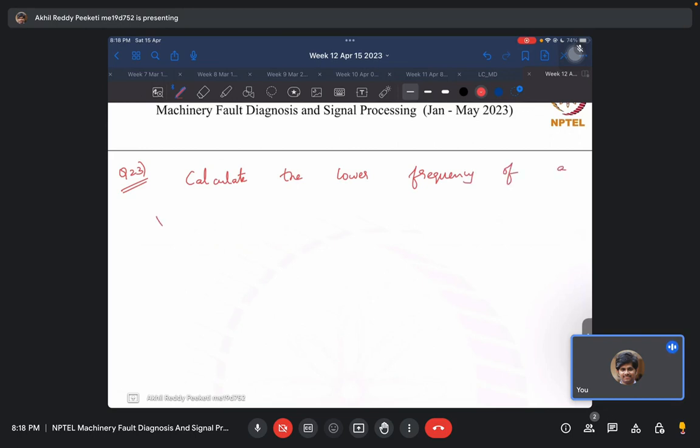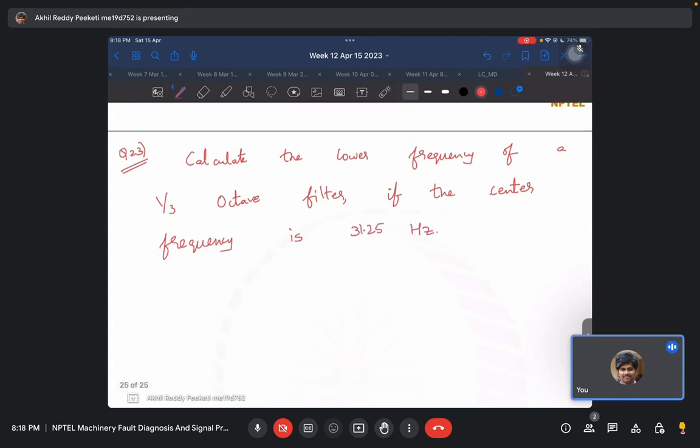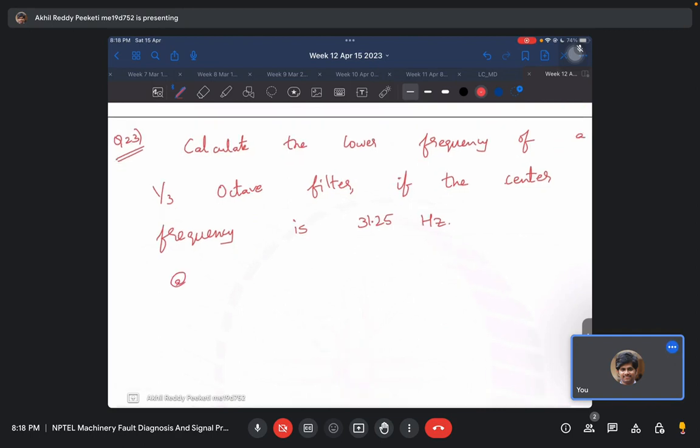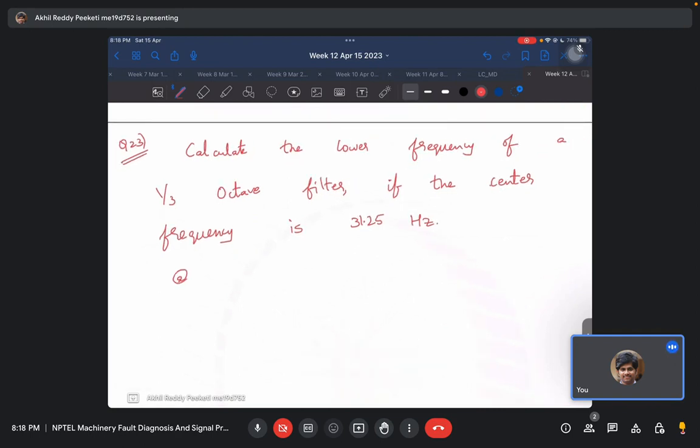Calculate the lower frequency of a 1 by 3 octave filter if the center frequency is 31.25 Hz. So here, for a 1 by 3 octave filter, the center frequency is given, and we should calculate the lower frequency.